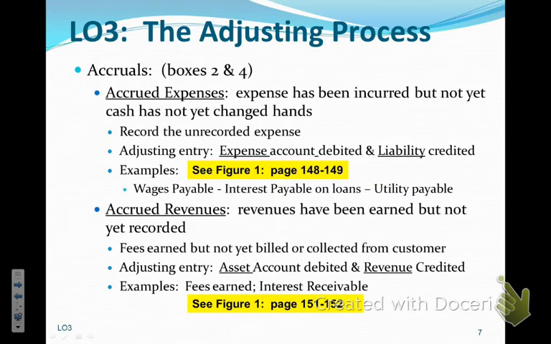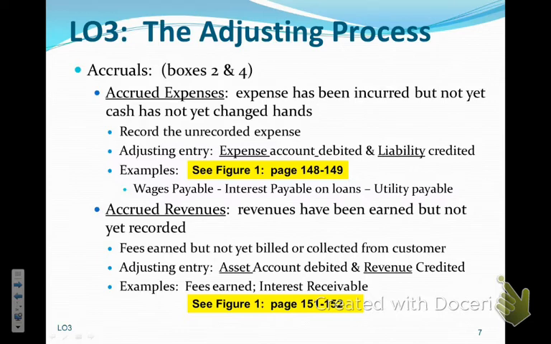An accrued revenue is when you have revenues that have been earned but not yet recorded. These would be such situations as where you've earned a fee but you've not yet billed or collected from the customer. So the adjusting entry would look like this. The asset account will get debited and a revenue account will get credited. So for instance, let's say we had fees that we had earned.